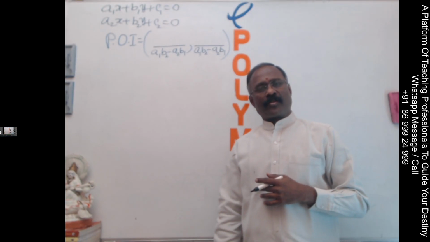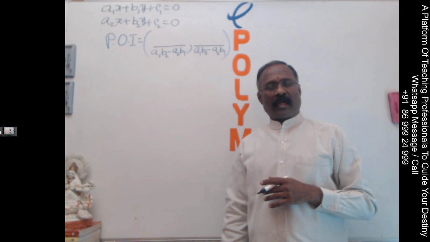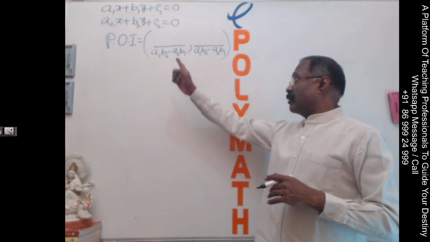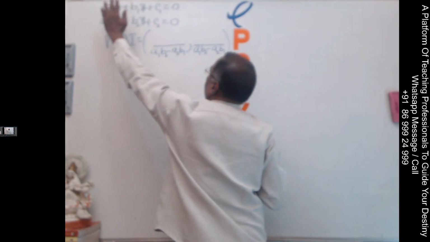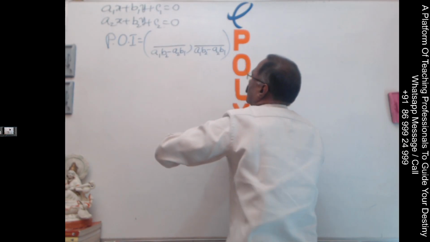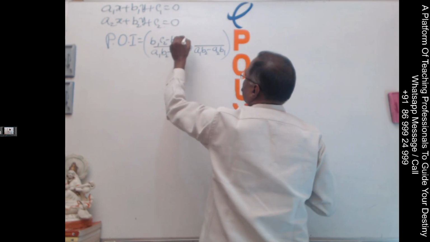I'll take a numerical example also and explain to you. So the denominators of both are the same. Now, coming to the numerator of x: close x and cross multiply, b1c2 minus b2c1.